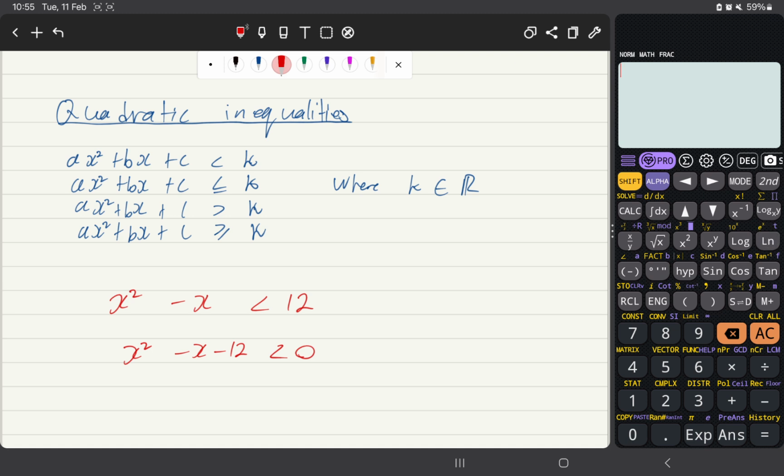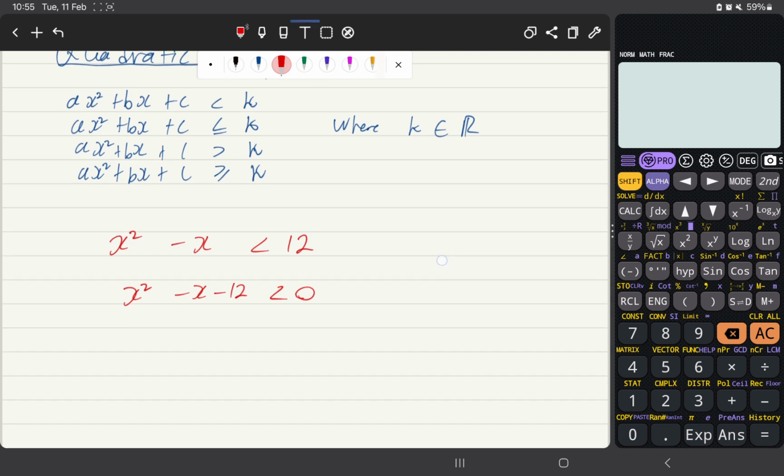And since we're trying to find the values of x where this is smaller than 0, we are trying to find the values of x where the expression on the left will give us negative values. All right, let's get into it.